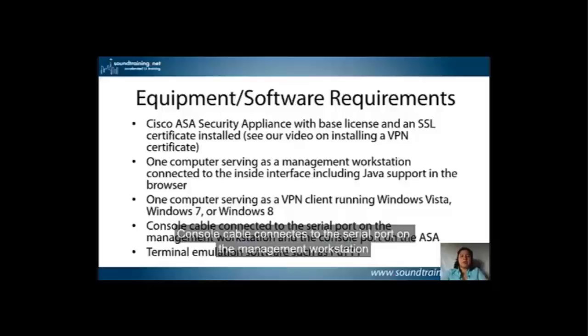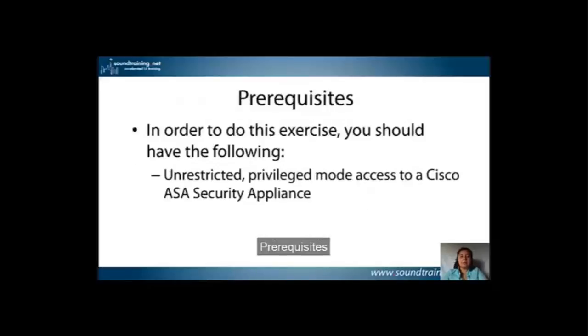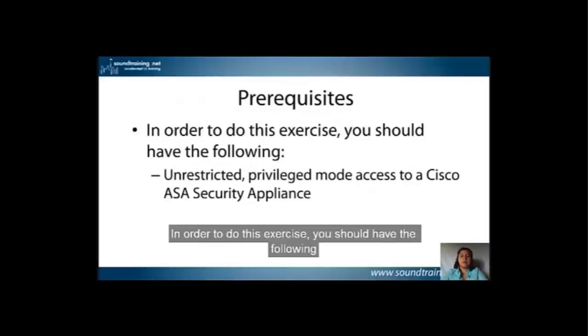A console cable connected to the serial port on the management workstation and the console port on the ASA. Terminal emulation software, for example PuTTY. Prerequisites: in order to follow this video, have unrestricted privilege mode access to a Cisco Adaptive Security Appliance.